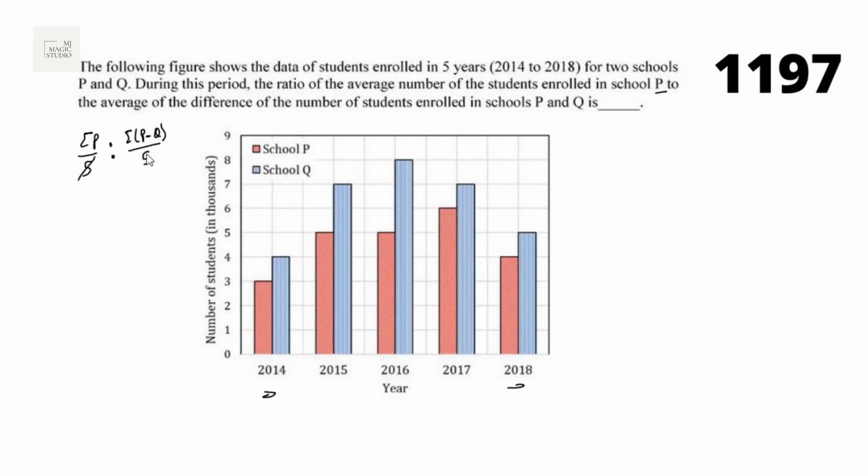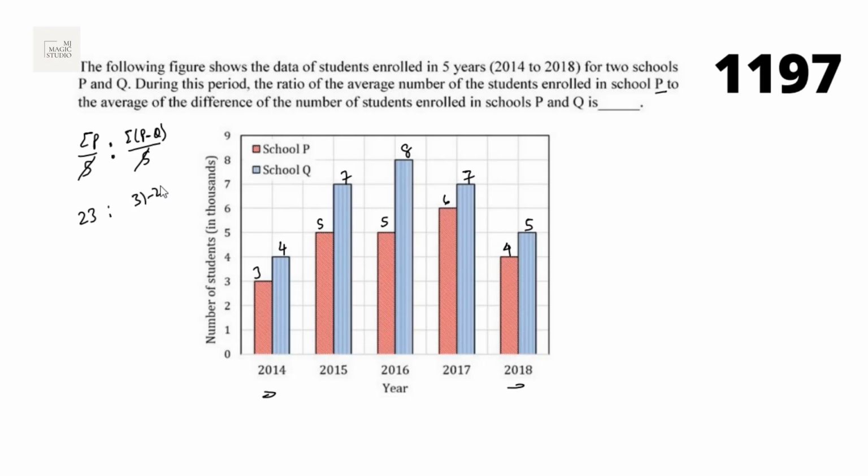That means we are looking for the summation of P. Let's first find the summation of P. This is 3 and 5, 8 and 5, 13 and 6, 19 and 4, that is 23. So 23 in thousands. 23 is to the difference between P and Q. So P is 23, Q would be 4 and 7, 11 and 8, 19 and 7, 26 and 5 is 31.